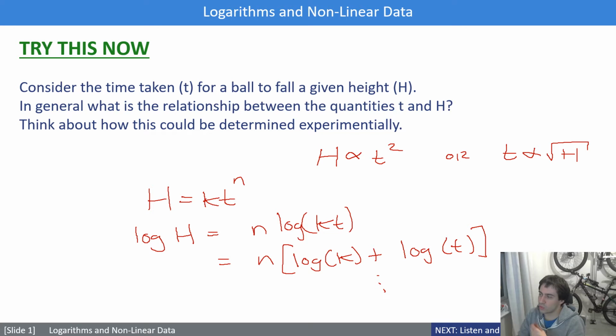But if you did some experiments and then took the log of all the data points, and you got a line, then you could consider the gradient and the intercept, and you would be able to determine what this k value is and what this n value is. So at a more advanced level, if you're trying to do a bit of physics and trying to deduce a pattern, if you know roughly speaking what the pattern might be, you could then discover the constants by using this technique.